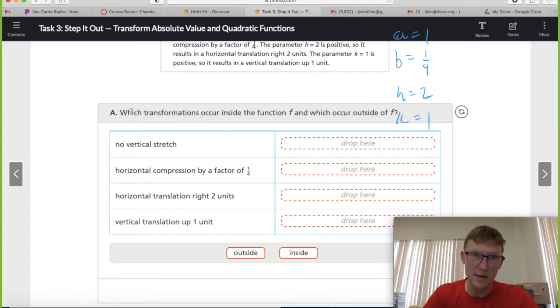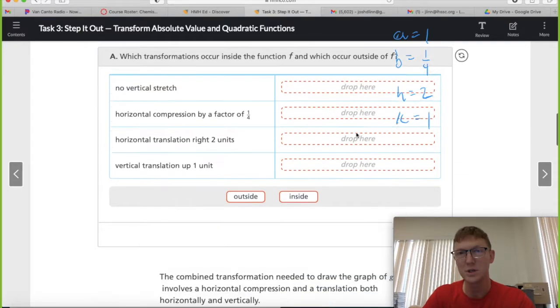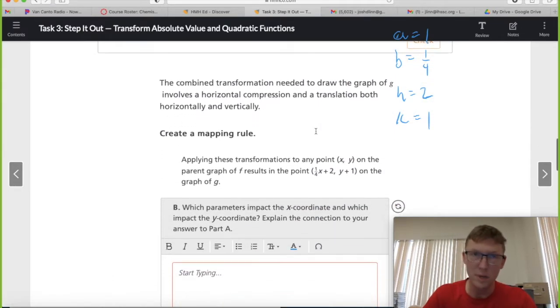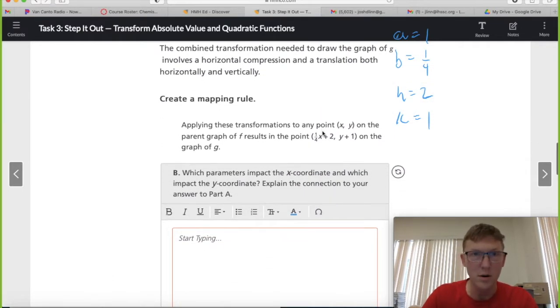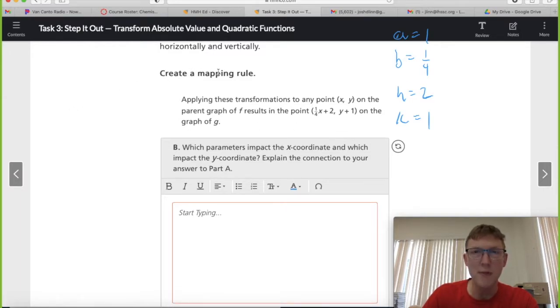Again, they're asking which transformations occur inside the function and which are outside the function. That's something I've been going over a bunch, so I'm not going to go through that part again. Create a mapping rule: apply these transformations to any point x and y on the parent graph to get the resulting point.